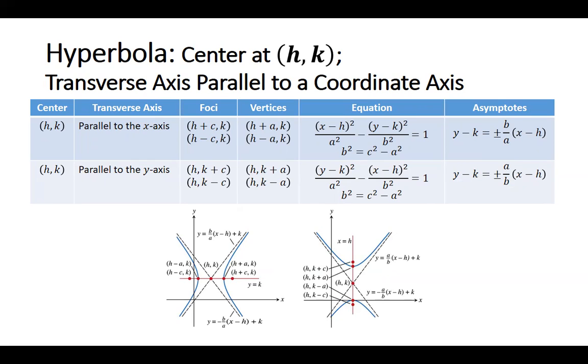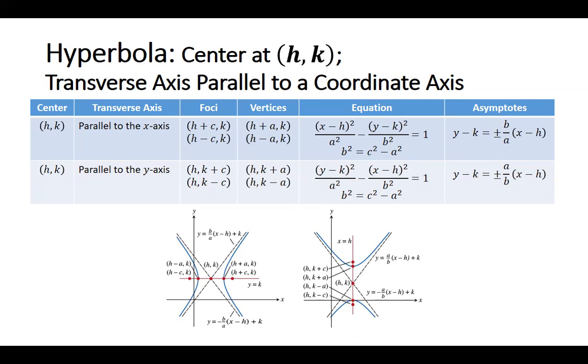The equation becomes x minus h squared over a squared minus y minus k squared over b squared is equal to 1. And the asymptotes are at y minus k is equal to plus or minus b over a times x minus h. And you can see it's the same transformations that we've done for the parabola and for the ellipse.